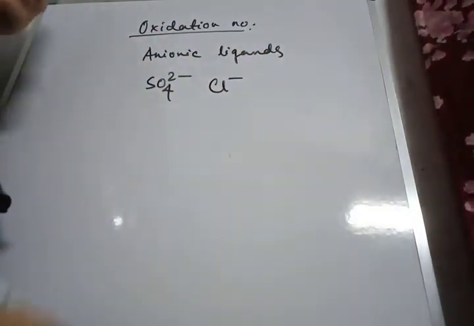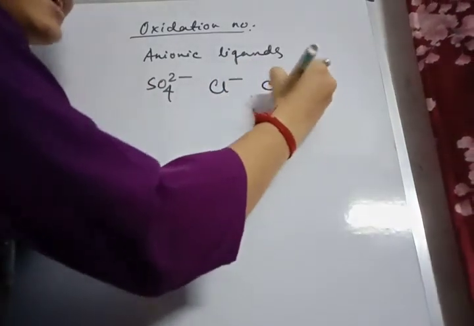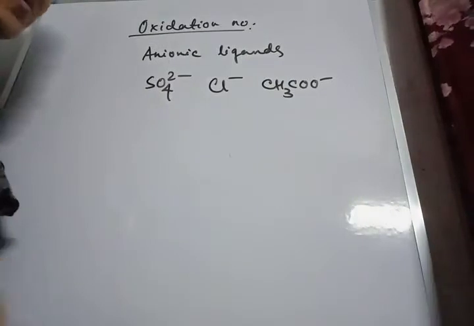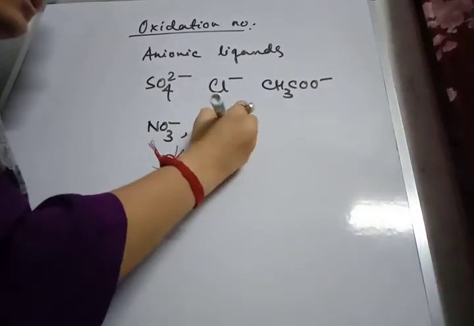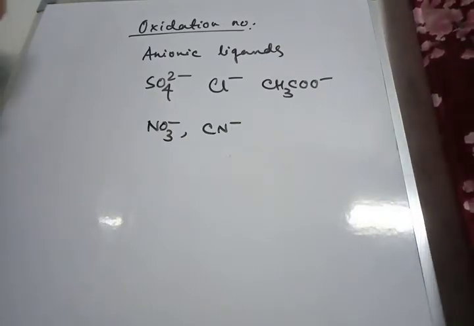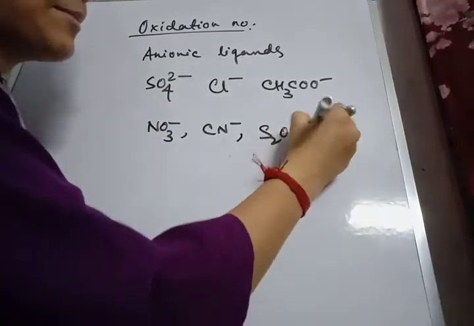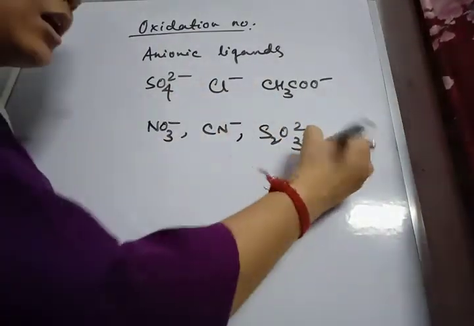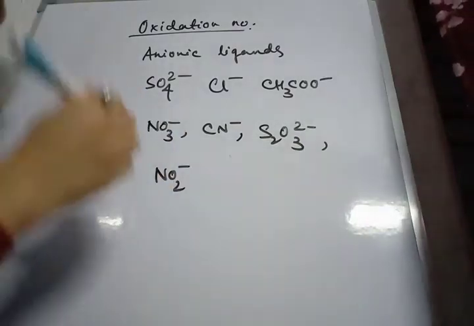Cl- is named as chlorido or chloro. Okay. Acetate is named as acetato. Nitrate is named as nitrato. CN-, it is named as cyanido or cyano. Next we have thiosulfate. Thiosulfate is named as thiosulfato. Then we have NO2-, it is named as nitro.